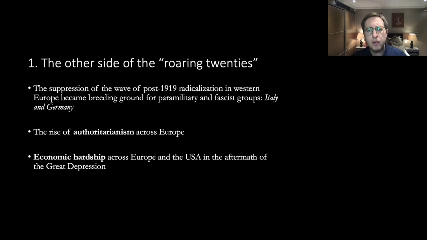And another feature of the 20s and the early 30s, as we go on towards the 30s, is the economic hardship across Europe and the USA that becomes important in the aftermath of the Great Depression. The Great Depression is the great financial economic crash that happens in the late 1920s.